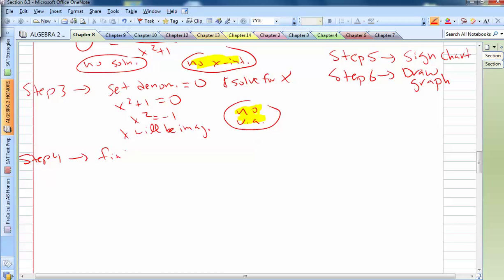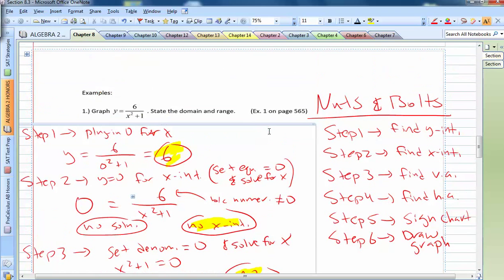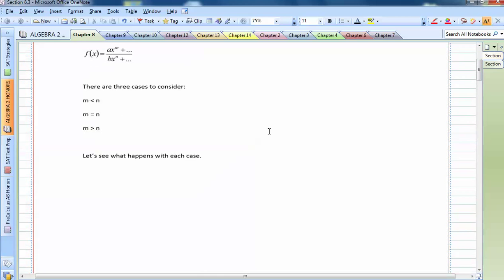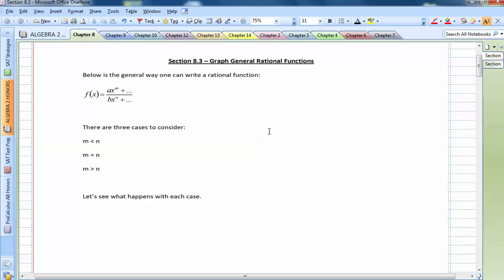So to find a horizontal asymptote, you must consider 3 cases. So we're going to scroll up to the first page. And here are the 3 cases to consider. We'll call these end behavior asymptotes. So what you want to do is focus on the degree for both numerator and denominator.